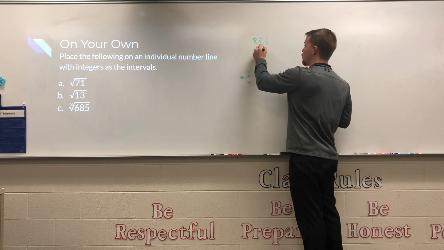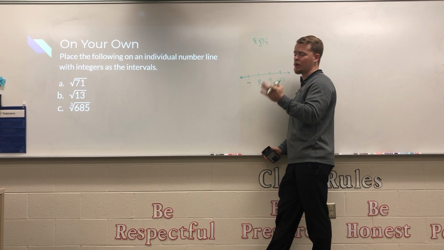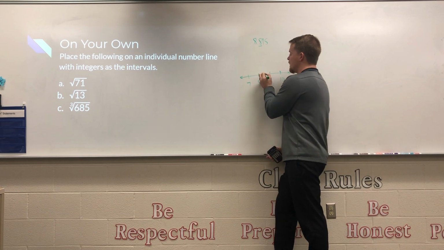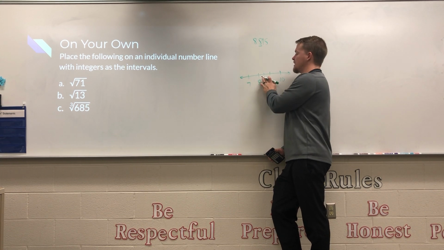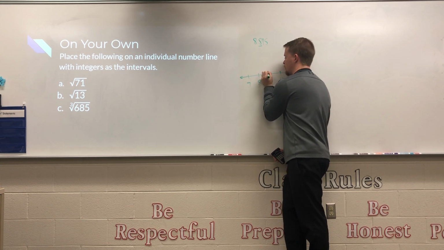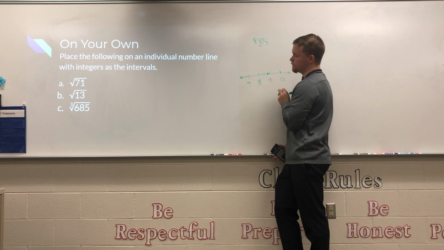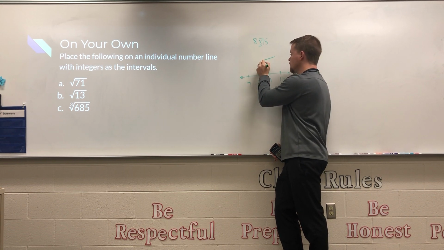So here we have 8.8. So 8.8 tells me it's going to be pretty close to 9, okay? It's not going to be, so like if this is my halfway point, it's not going to be near the halfway point. It's going to be closer to 9. So that means my point would be right about there. So that is your cube root of 685.